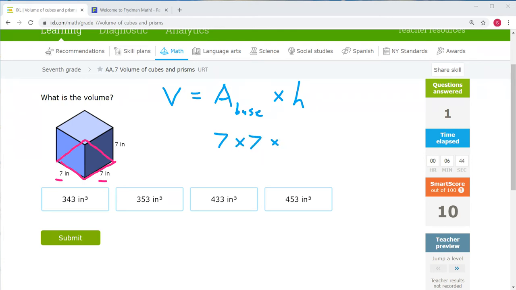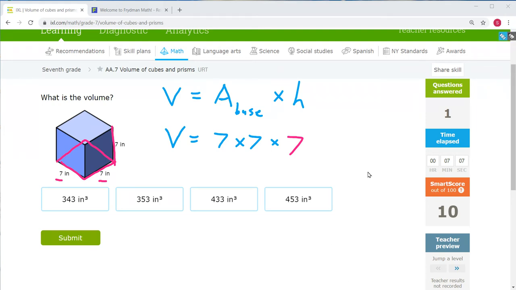And for the height, it is also 7 inches. I forgot to change colors there, but that's okay, it doesn't matter. So the volume is 7 times 7 times 7, which is going to be what?